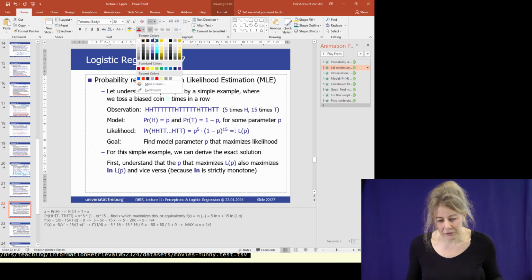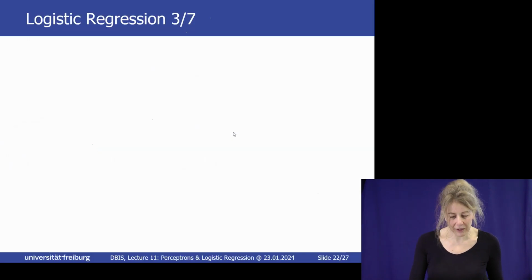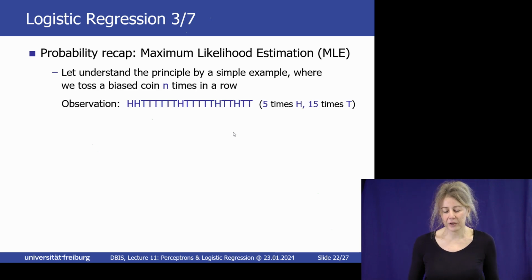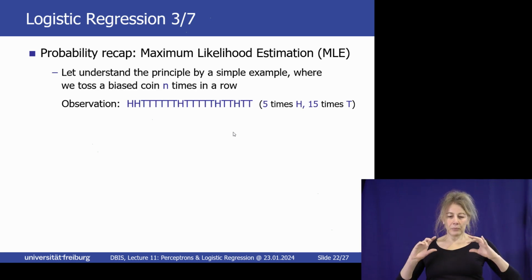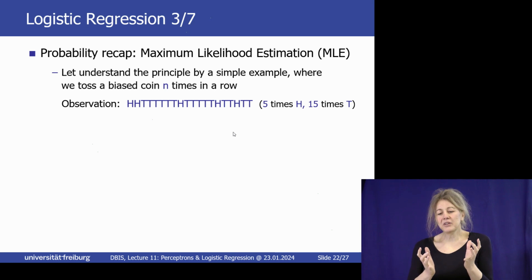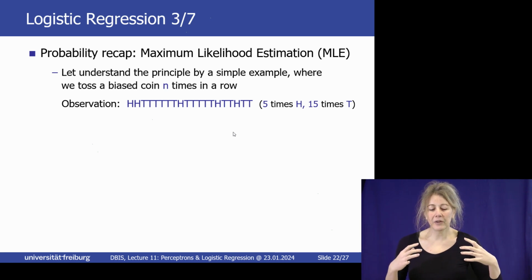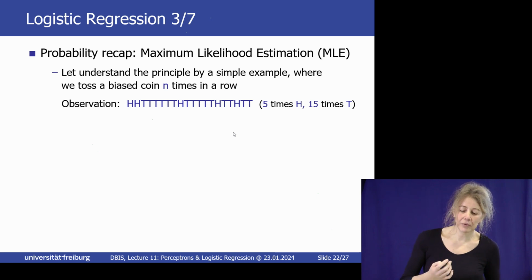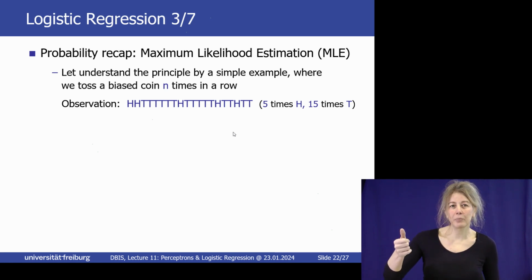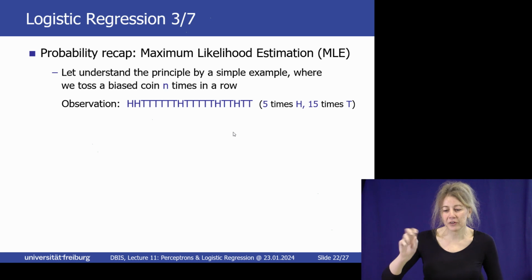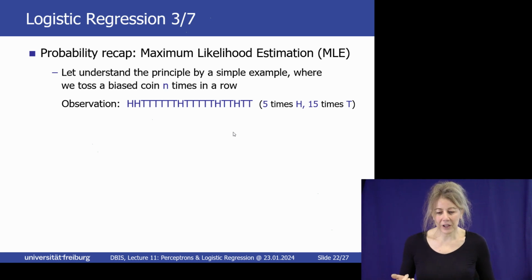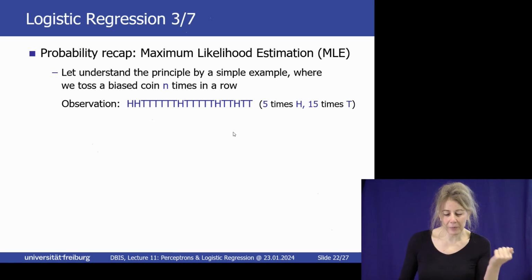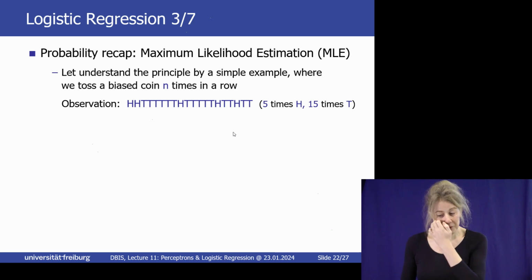If you have problems with that, go back to it, try to fully understand it. Simplest possible example, I think, to explain maximum likelihood estimation: I have a coin, and it's a biased coin, which means it's not 50-50. It shows maybe heads more frequently than tails, or the other way around.